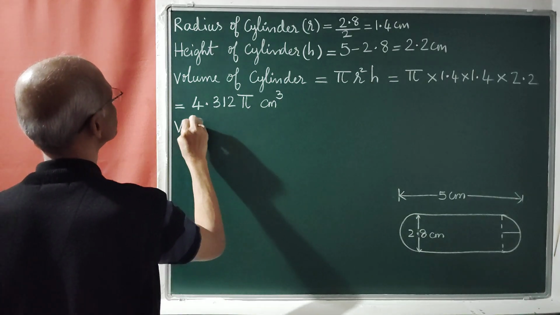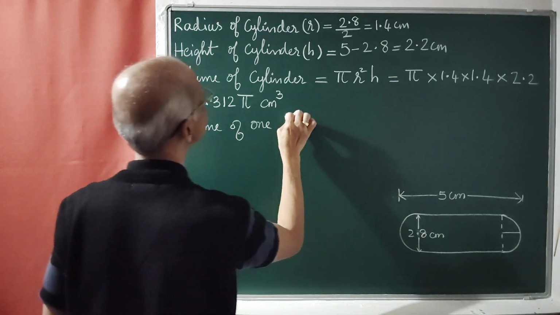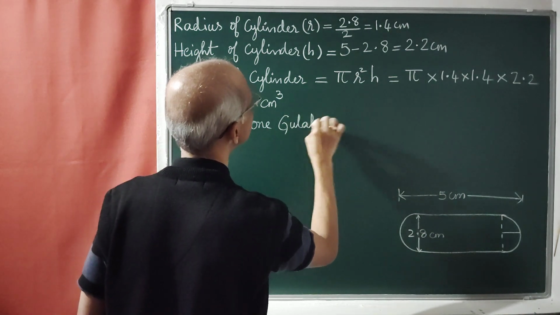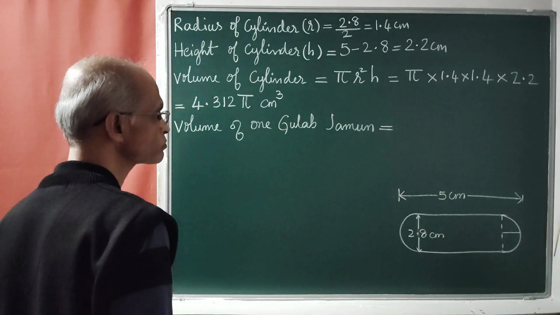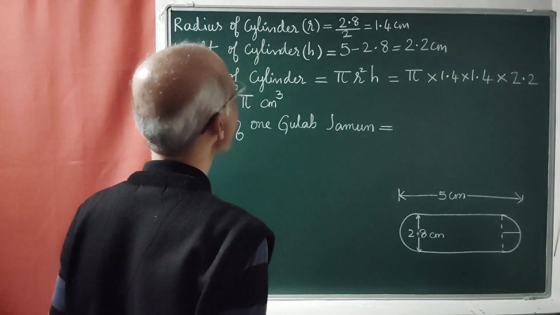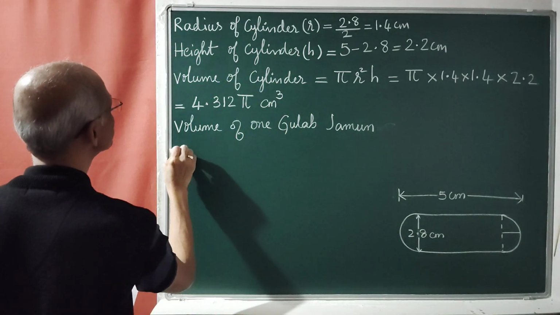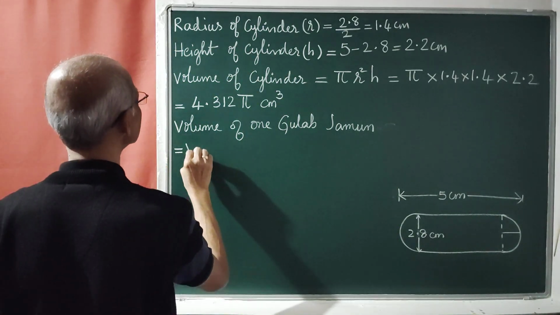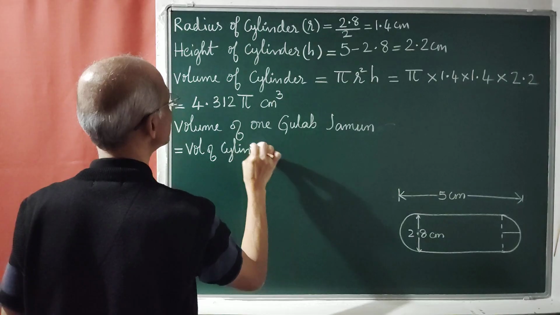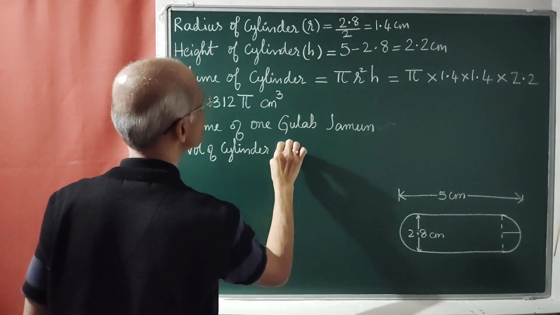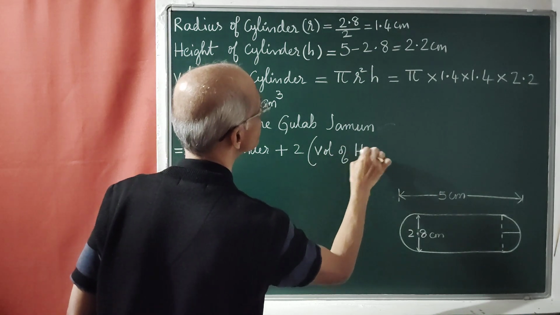So volume of one gulab jamun is equal to volume of cylinder plus 2 into volume of hemisphere.